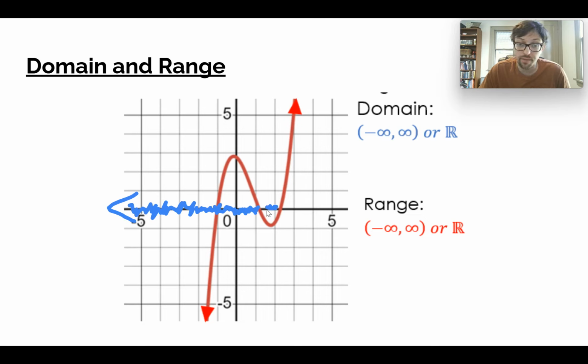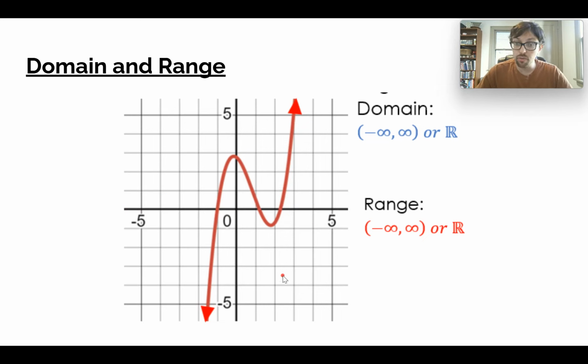I can continue in the same way towards +5 and all the way to infinity because I've got that positive average rate of change. So there is no gap, like I can fill in all of my x-axis. There's no x value that I can't put into this function. So that makes the domain all real numbers.